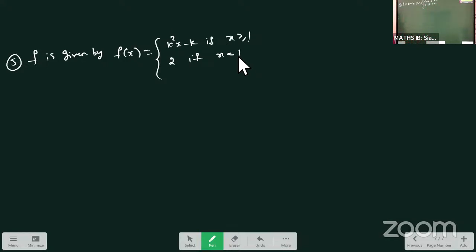It is continuous on R, then find K. Important question.